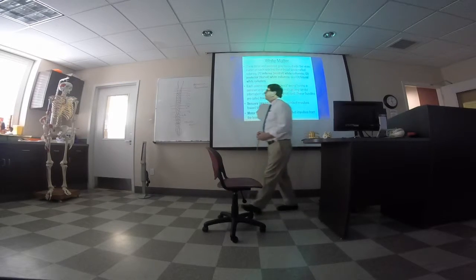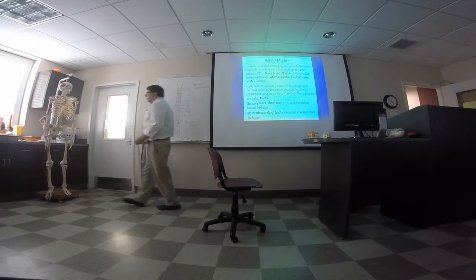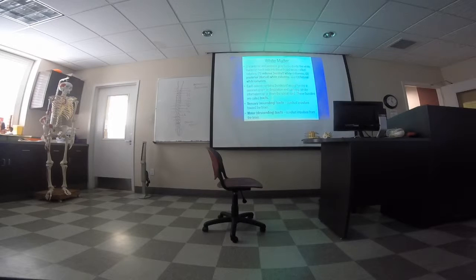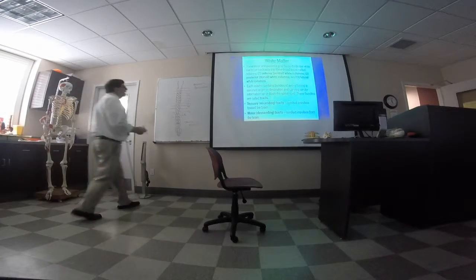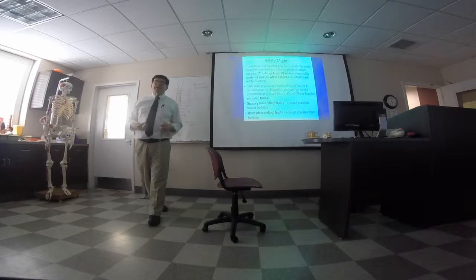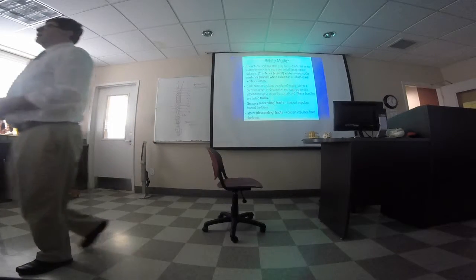Now, I'll give you another example. The tracts which carry sensation for vibration and proprioception. Posterior white columns. So back here, this area is reserved for tracts carrying vibration and proprioception.